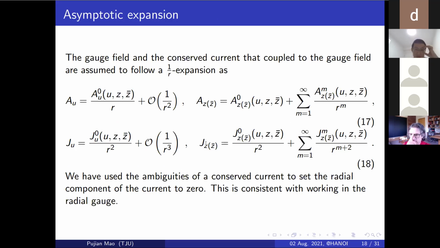And by the way, here I turn off the radiation component of the currents using the ambiguity of the conserved current, and we think this is a consistent choice to work with the radiation gauge condition.